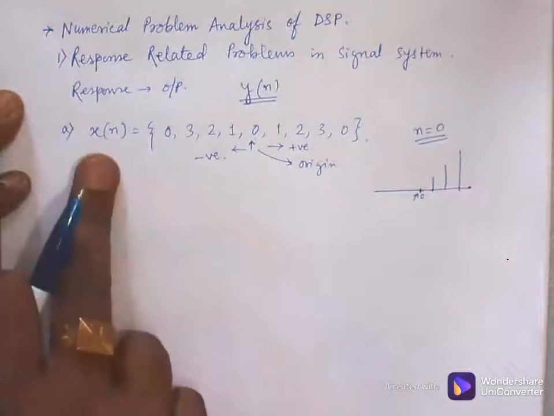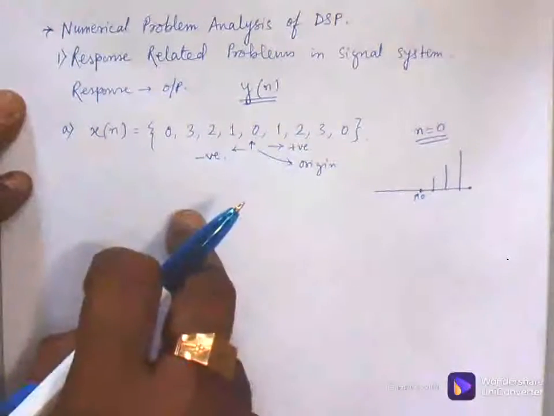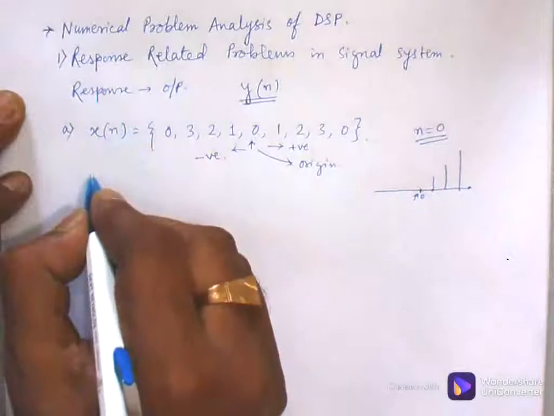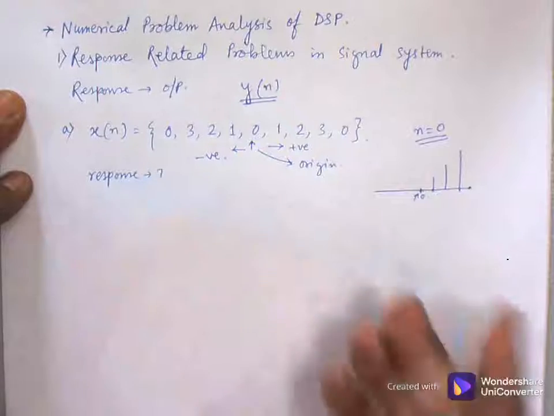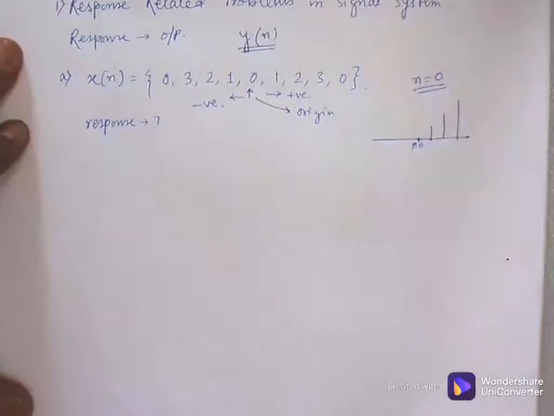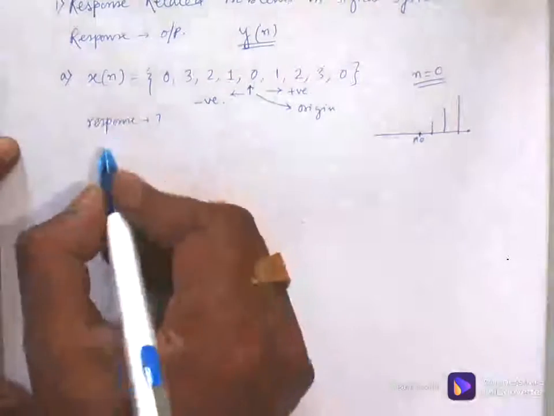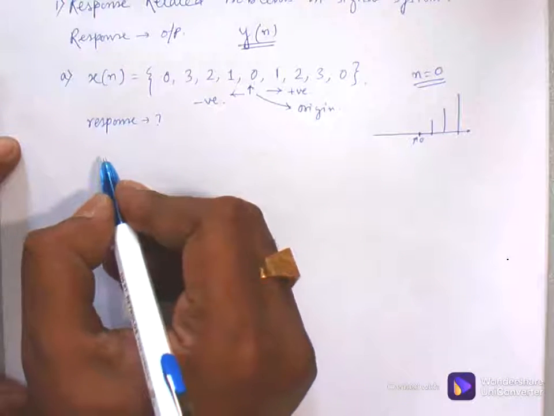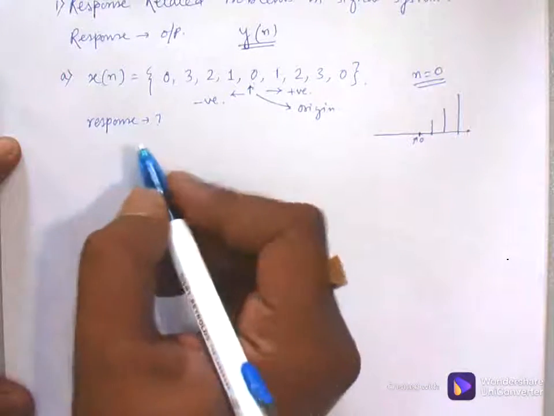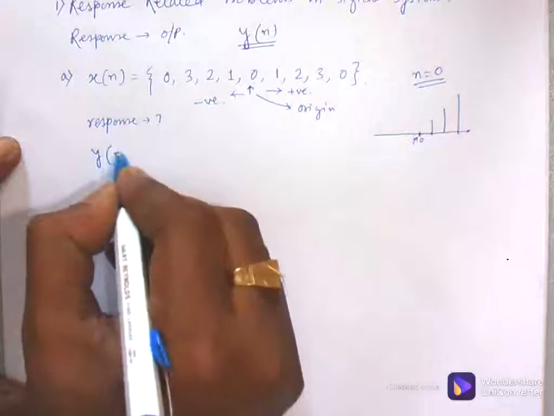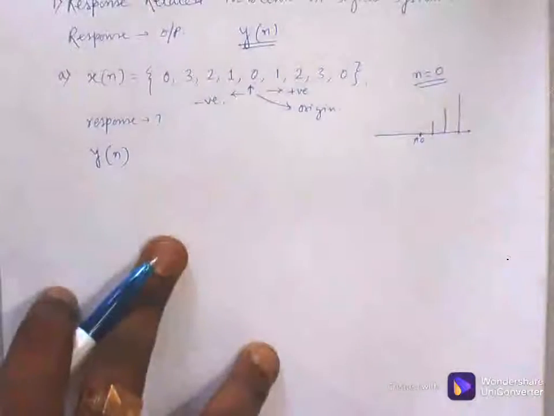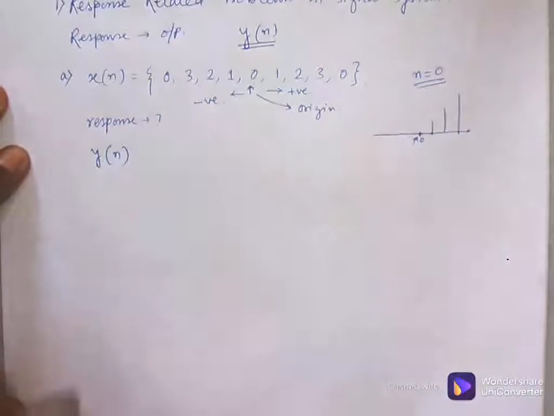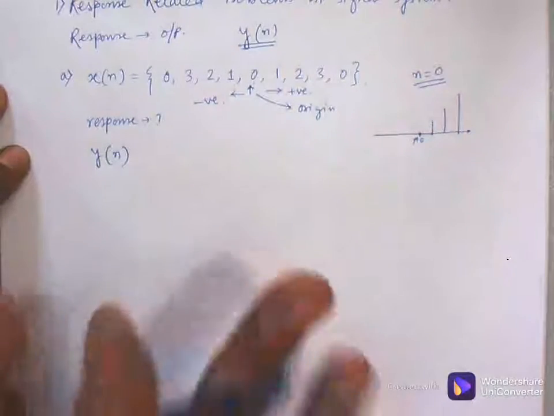So this is the question given to you and you have to find out the response. What will be the response? As I told, in the conventional way we always represent the output in terms of y of n, in most cases. I am not saying that you must represent the output as y of n.